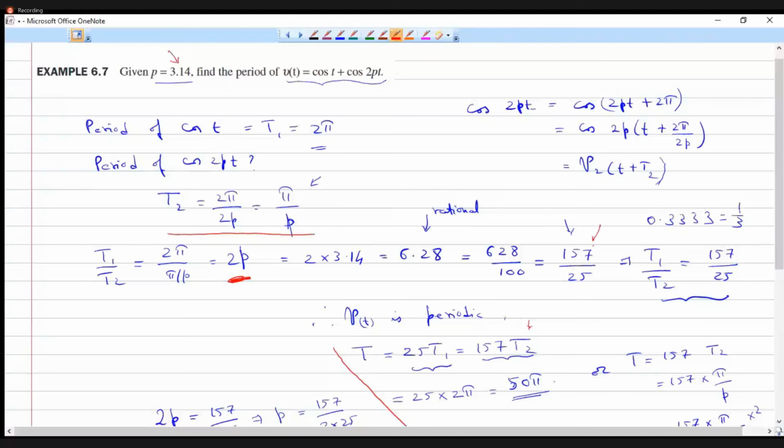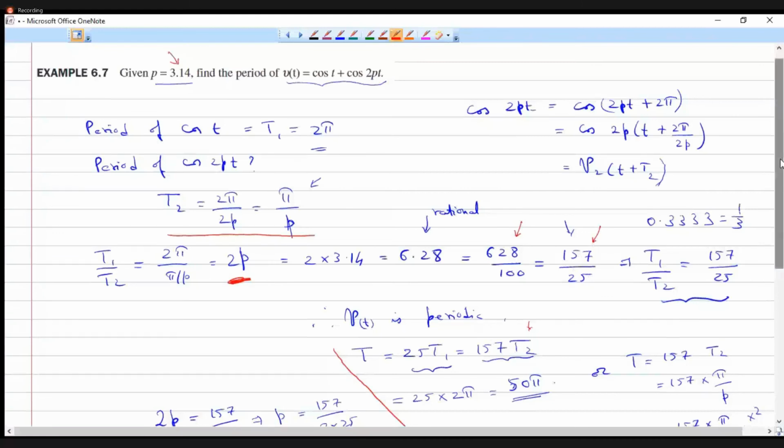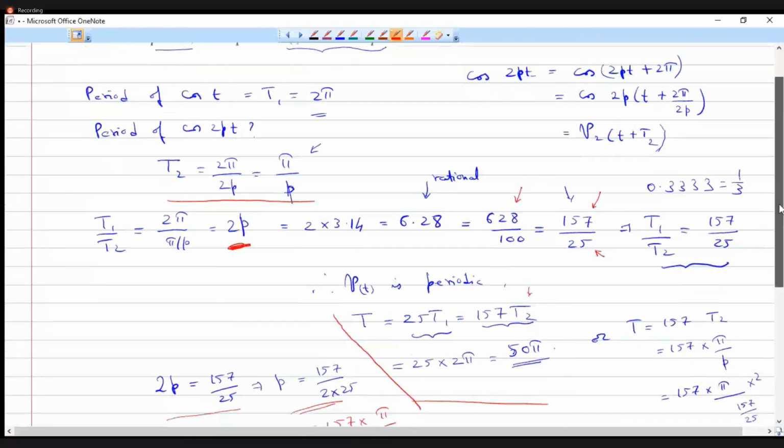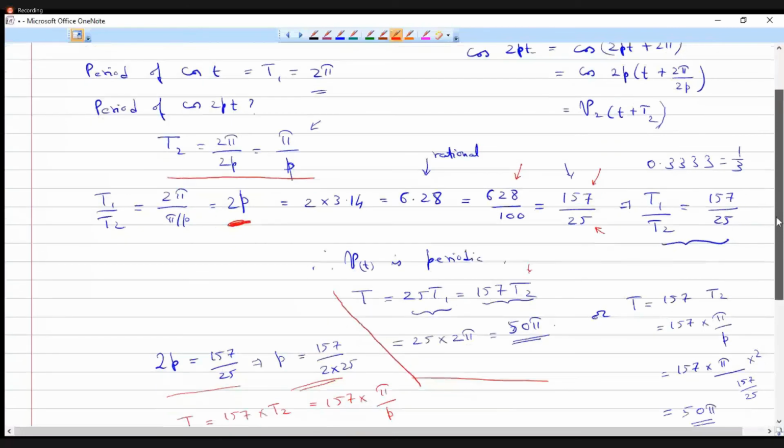That is important: you should cancel out and express it as the smallest integers. You cannot retain it as such, because if you retain it like this, it will show only the harmonic frequency, that is, the multiples of the frequency. But we need the fundamental frequency, which will be the lowest ratio of the integers.